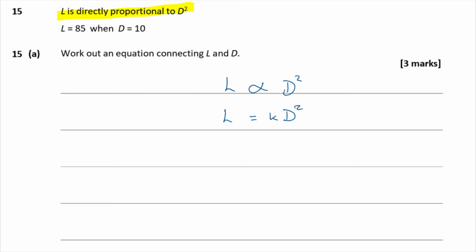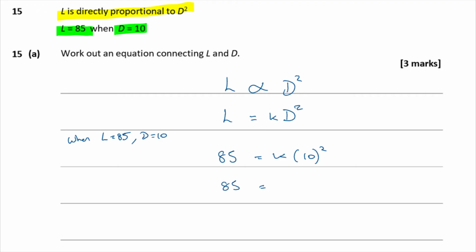Then all we need to do is to work out what k is. Handily, they've given us a pair of values that go together. They give you these so you can work out that constant of proportionality. So when L equals 85, d is equal to 10, that tells us that 85 is equal to k lots of 10 squared. 10 squared is 100, isn't it?